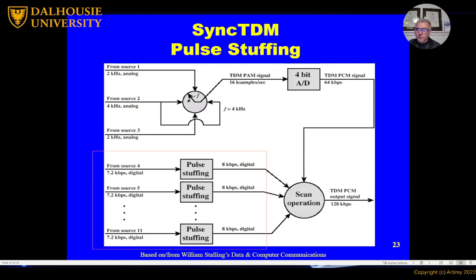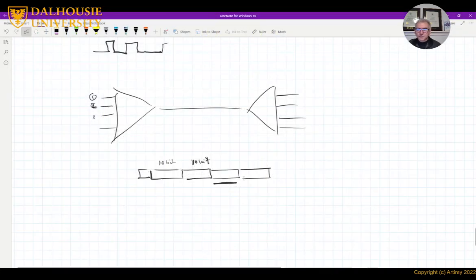We just fill the gap, fill the remaining bits with fake data. That's simply it. So if I have 10 bits to send, 10 bits to send, and only 6 bits to send, and only 6 bits to send, what I do is put 6 bits here and then put a little bit of fake data. We'll call that pulse stuffing.